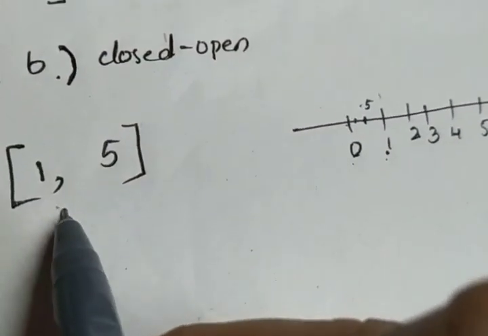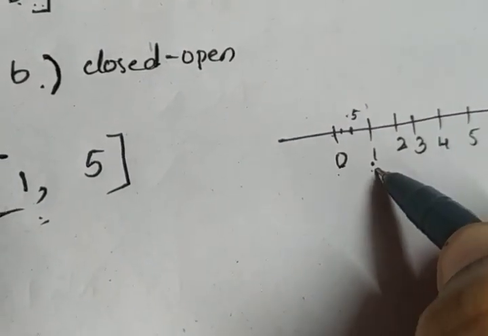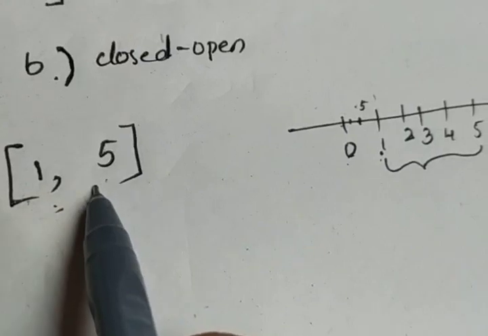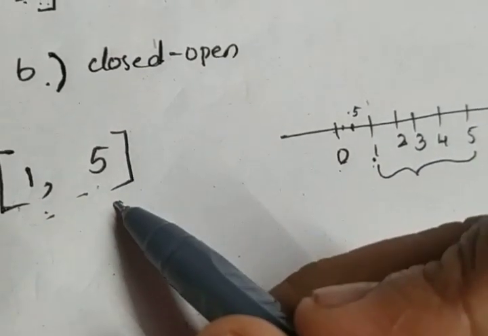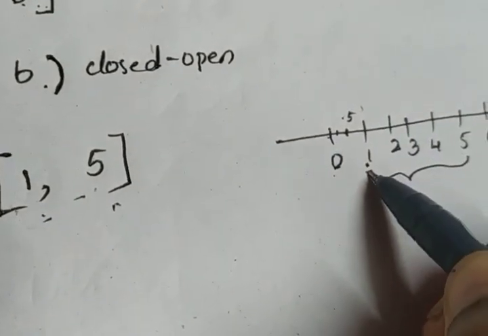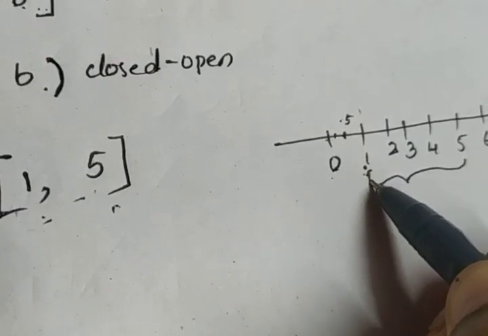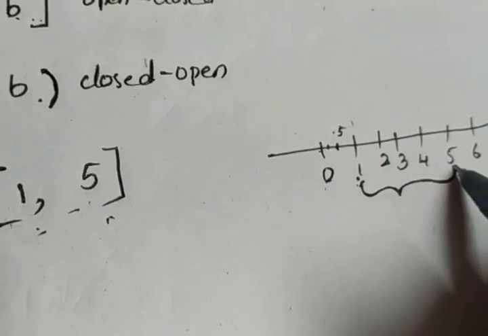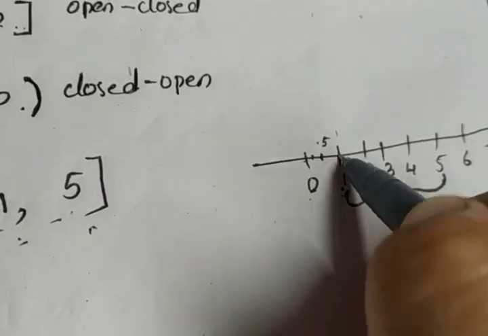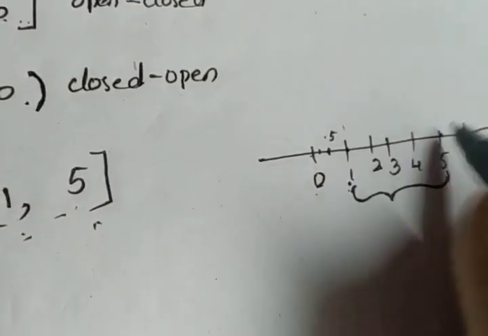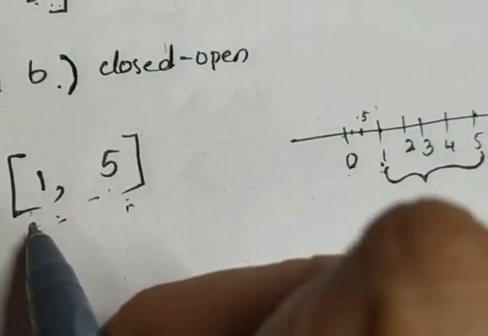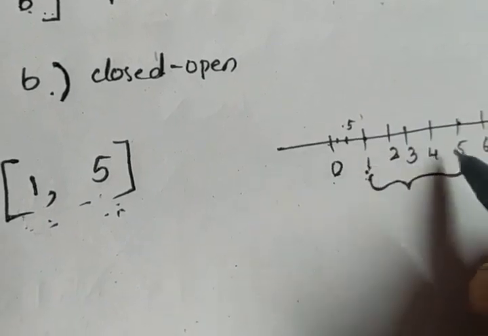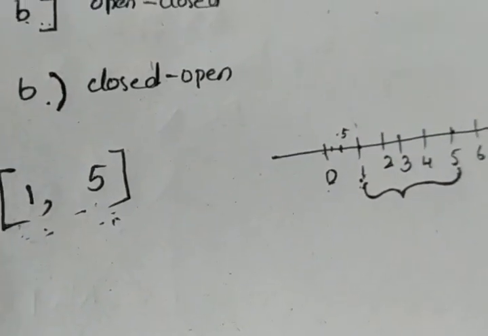So this interval represents all the real numbers between 1 and 5, because the end numbers are 1 and 5. Infinitely many real numbers are there. The closed interval [1, 5] represents all the real numbers between 1 and 5 including 1 and 5.